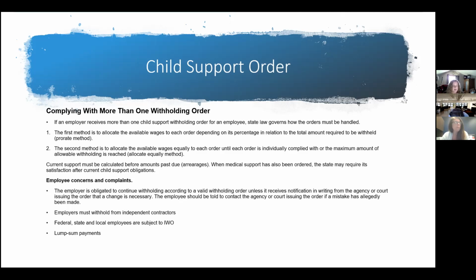The second method is to allocate the available wages equally to each order until each order is individually complied with or the maximum amount of available withholding is reached. This is the allocate equally method. Certain support must be calculated before amounts past due or arrearages. When medical support has been ordered, the state may require its satisfaction after child support obligations.